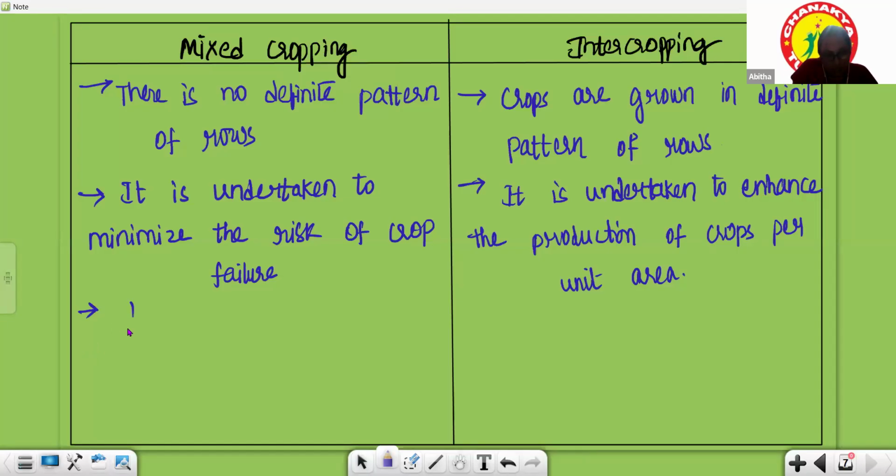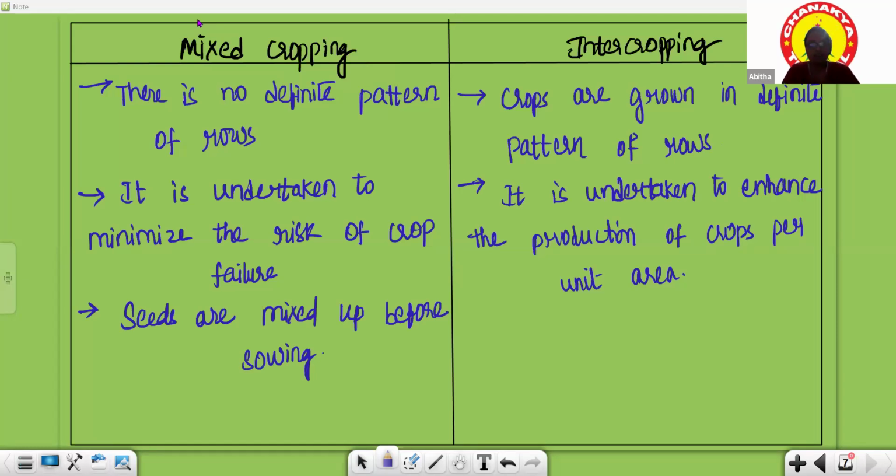In mixed cropping, seeds are mixed up before sowing. Next, in intercropping, seeds are not mixed before sowing.